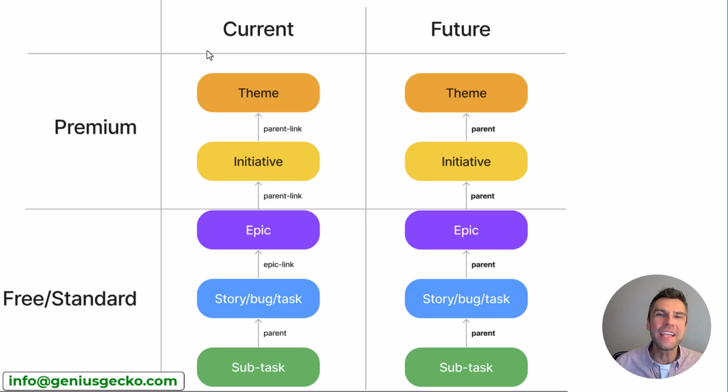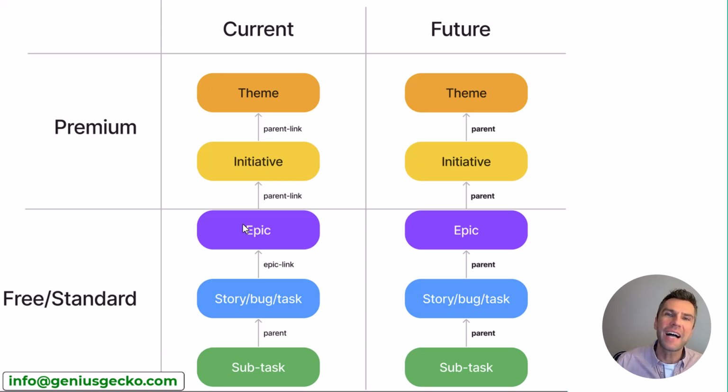Well, the two links were used differently across Jira Standard and Jira Premium, as Jira Premium allows you to create levels above the epic level. So in the free and standard version, you had the epic link connecting all the items below the epic to the actual epic, and you had a parent link between your subtasks and the stories, bugs or tasks for which the subtasks were enabled.